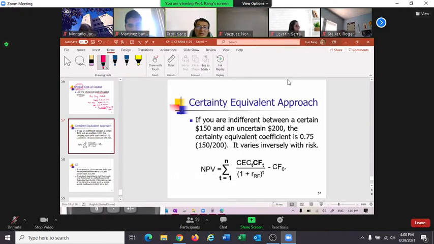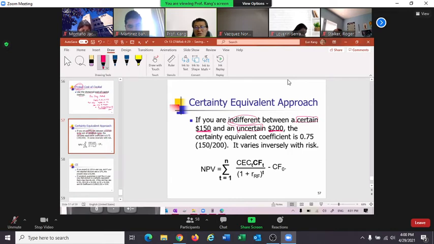If you are indifferent between getting a certain $150 for sure, and an uncertain expected cash flow of $200, which is bigger but not certain.